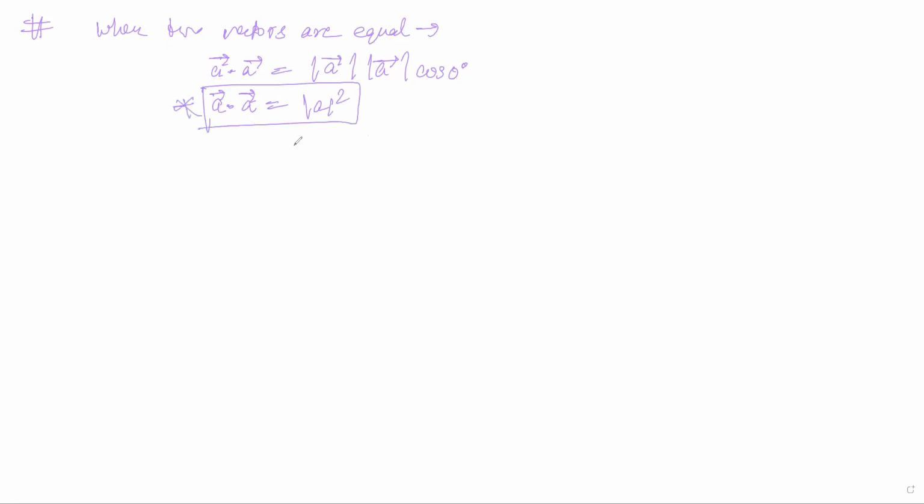This is one of the important properties of the dot product of two equal vectors.